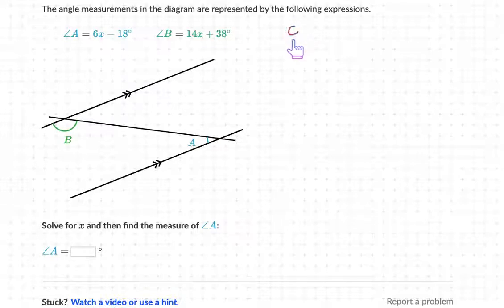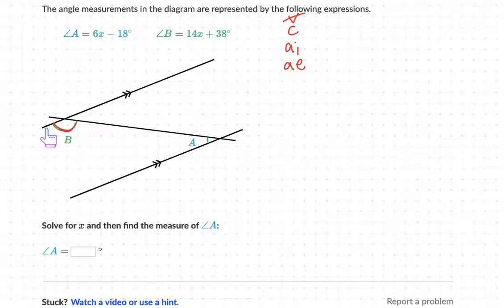Okay, I'm going to go down my list again. Corresponding, vertical, alternate interior, alternate exterior. So are these vertical, across from each other? No, they are not across from each other. So that's out. Corresponding would mean they're on the same side. Okay, they're both below this transversal.